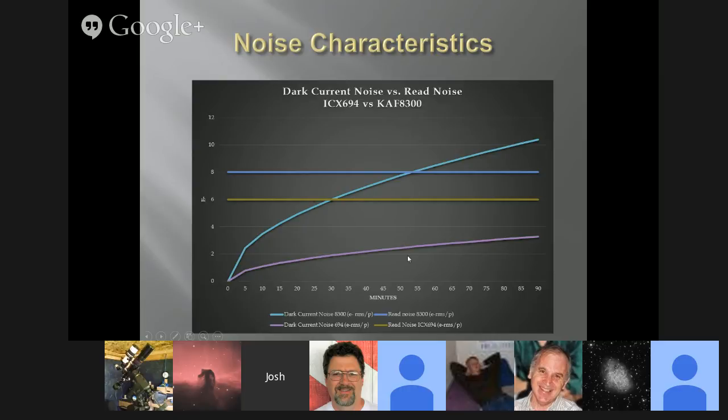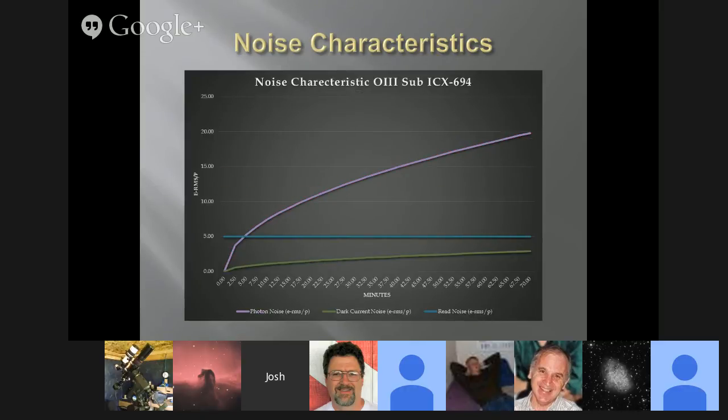However, a lot of our discussions on Cloudy Nights have been about longer and longer exposures. And the reason that you want to expose longer is because you want to get your signal up above this read noise. And I'll go to a next graph to show you why. It's actually your photon noise that you really want to get well above your read noise.